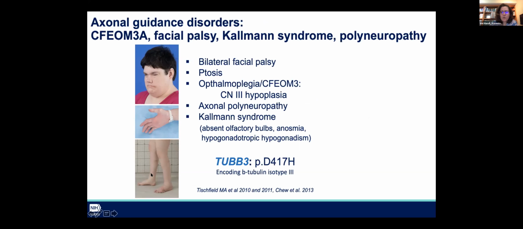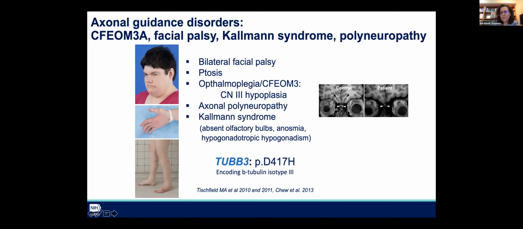And then they have a peripheral neuropathy that is progressive, and also absence of cranial nerve 1 here. This is the olfactory bulbs. This is the brain MRI, the front of your brain close to the eyes. You have these two wide olfactory sulci and the bulbs, and they're missing in the patient with Kallmann syndrome.